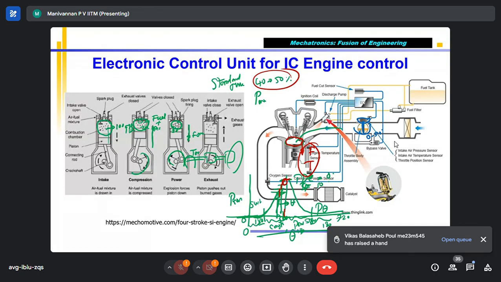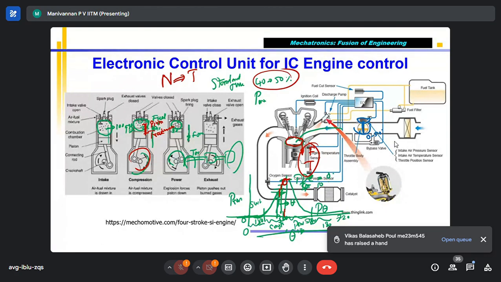That means you have to give the spark some time before the piston reaches TDC. That depends upon how long the piston takes from this location to TDC, the piston travel duration, which depends upon the engine speed, N. If engine speed increases, the travel time, called stroke time, reduces.